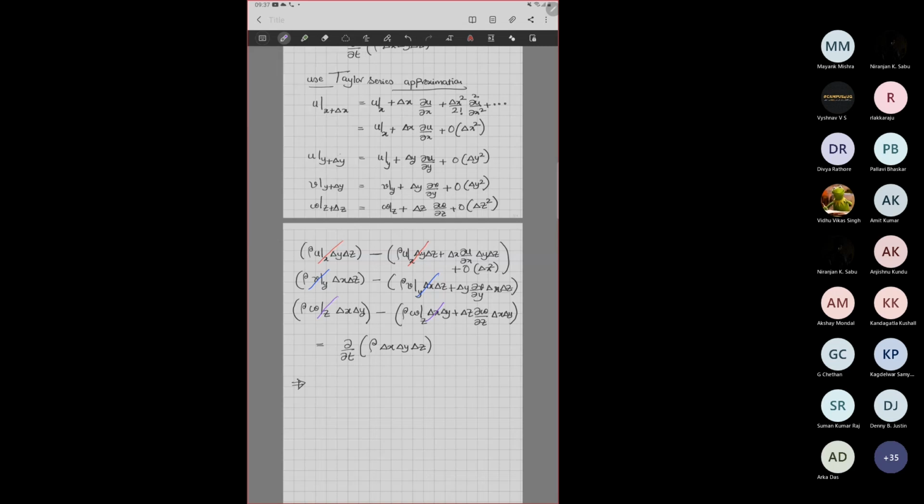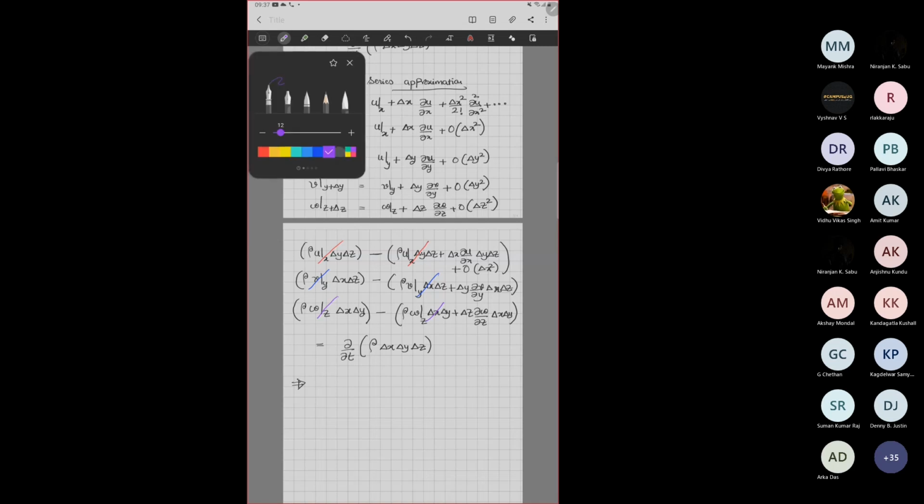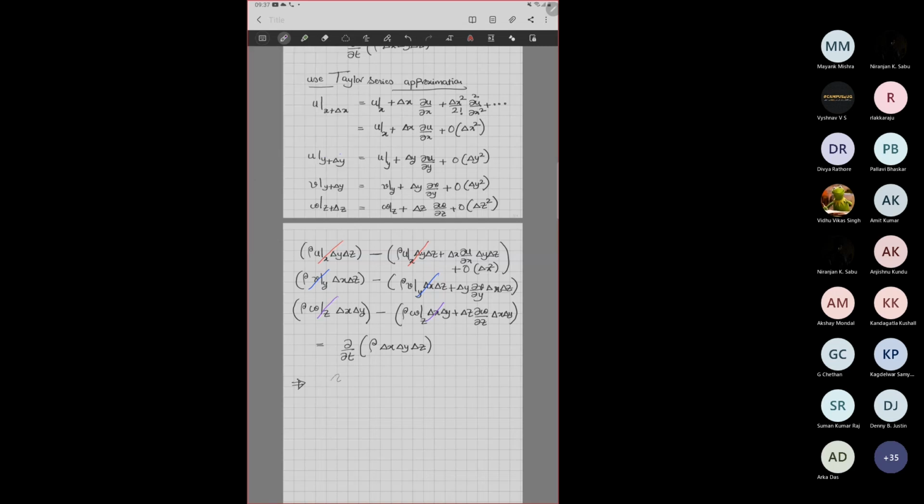So the leftover terms, at least up to order delta x square limit, are del u by del x delta x delta y delta z minus del v by del y delta x delta y delta z, with the rho term always there.